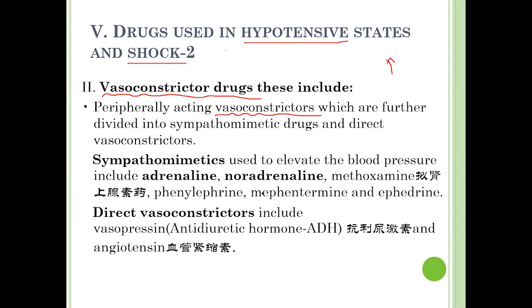In this category, we're still talking about drugs with pretty similar actions, like the sympathetic nervous actions we talked about before, adrenaline or noradrenaline kind of medications. We also can use some other medication that doesn't work through the sympathetic nerves, but directly on the blood vessels to make them contract.